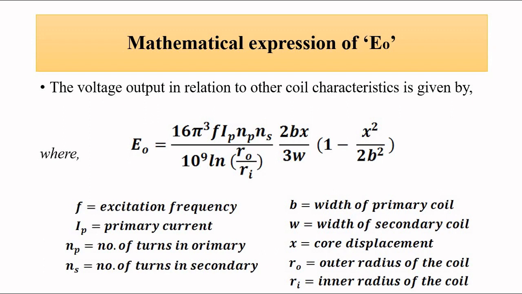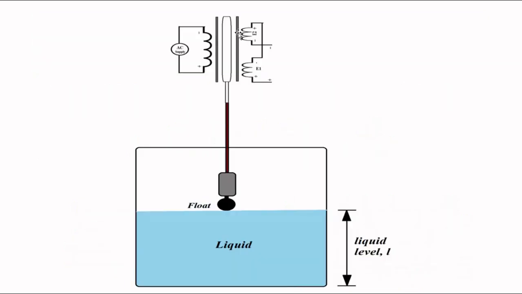Now how can we use it to measure level? We discussed level measurement using LVDT, where we connect the rod, that is the ferromagnetic core, with the rod of the float, the connecting rod, and when the liquid level increases or decreases, this LVDT changes its position from the null position and gives us a particular output.